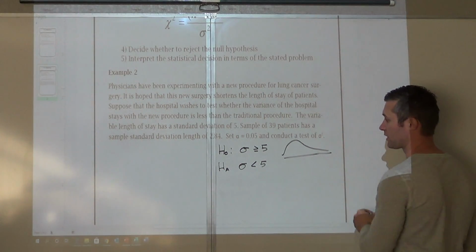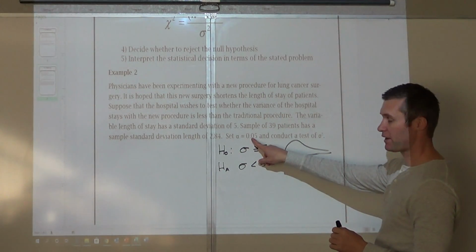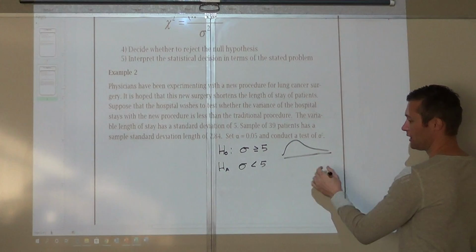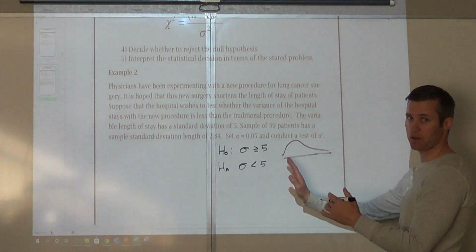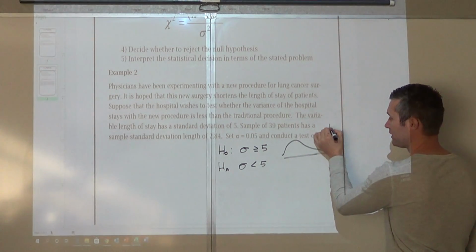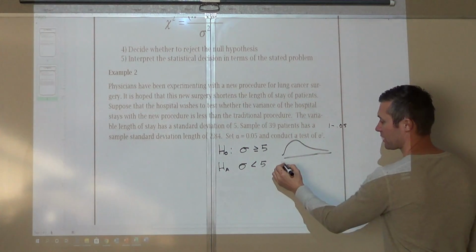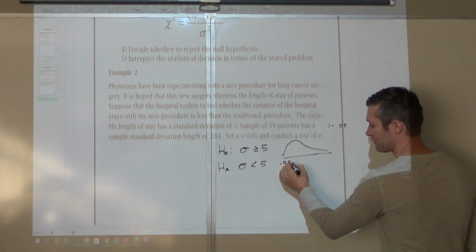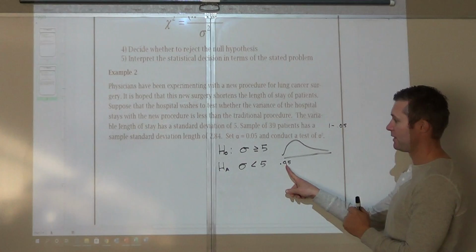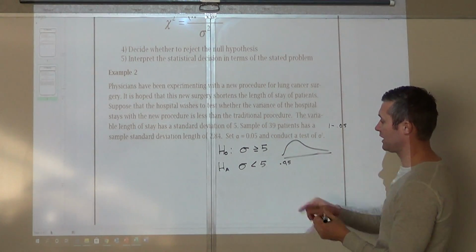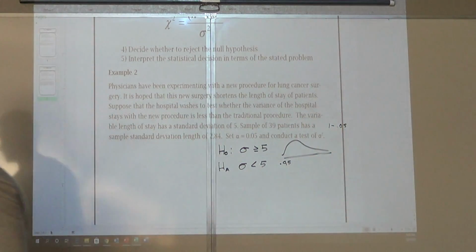It's skewed to the left. We have 0.05. Remember, on our chart, 0.05 to the left would be 1 minus 0.05, so we're going to test at 0.95. We're going to look up that value, and we have a sample size of 39.